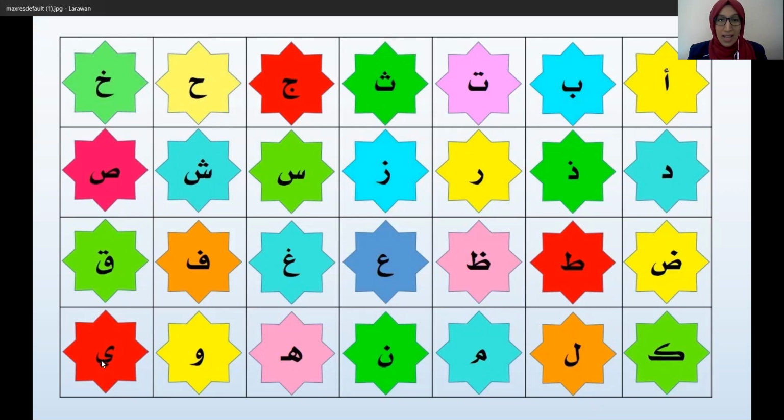So I have 28 letters in the Arabic language. These are my letters. We are going to see all these letters one by one, all these people, I mean, one by one, and we will see how it goes.